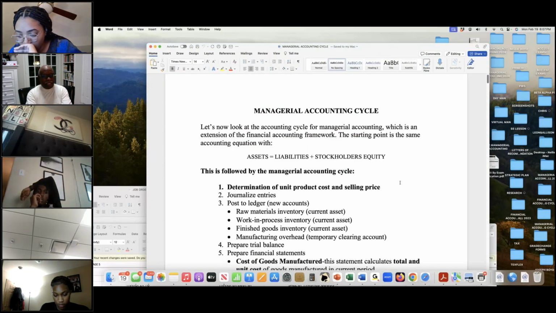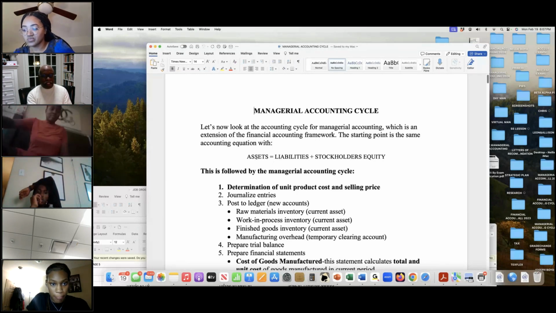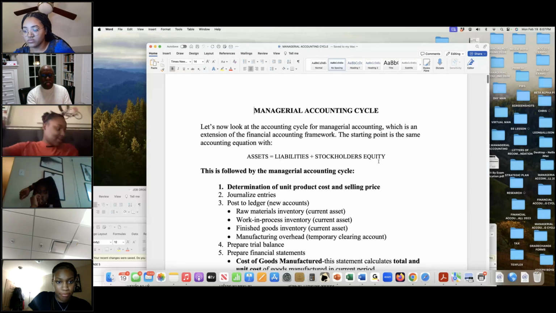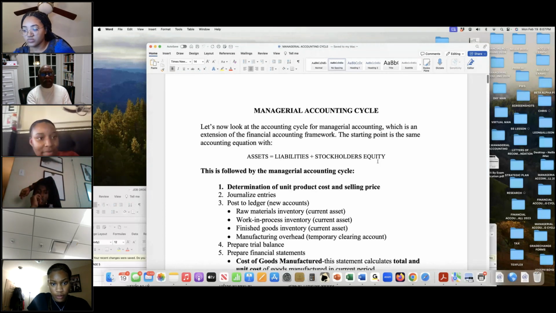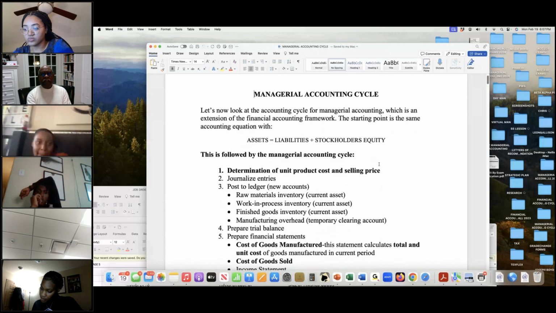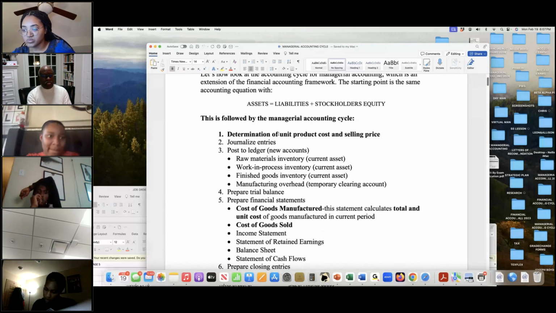For the managerial accounting cycle, we started the same way we did with financial accounting with this equation: assets equal liabilities plus stockholders' equity. And we said that in this cycle, the first thing we do is determine unit cost and selling price.